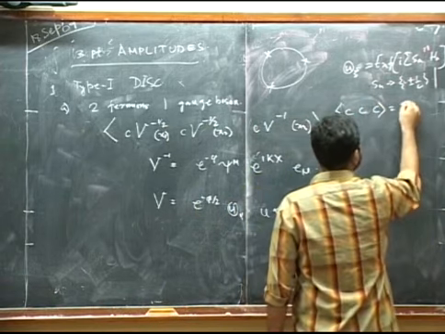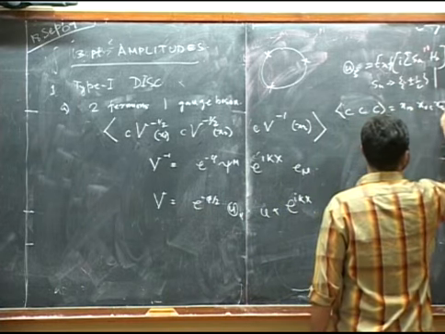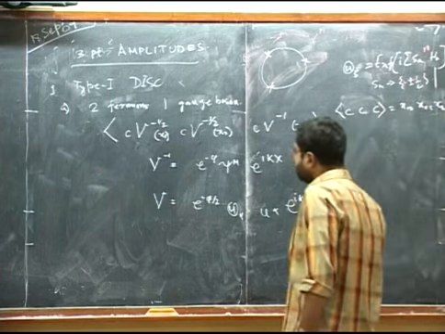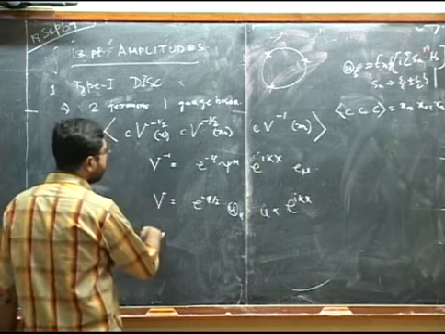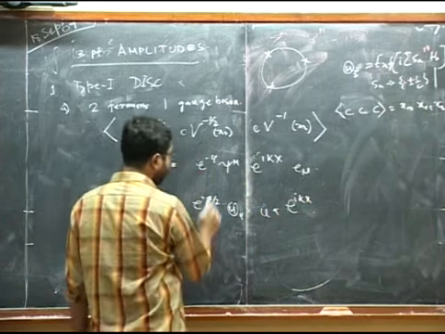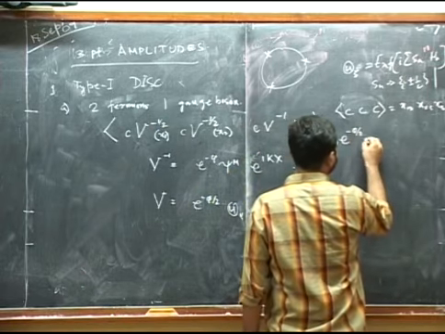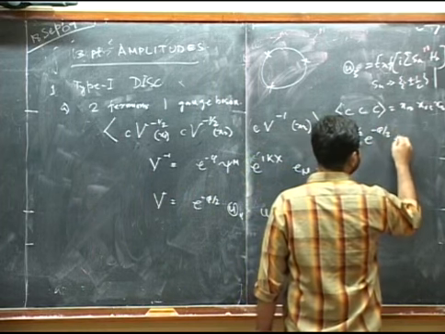This will give us x12, x23, x31, consistent with conformal invariance. And then we have to worry about the phi's. So we have to calculate something like e to the power minus phi by 2, e to the power minus phi by 2, e to the power minus phi.